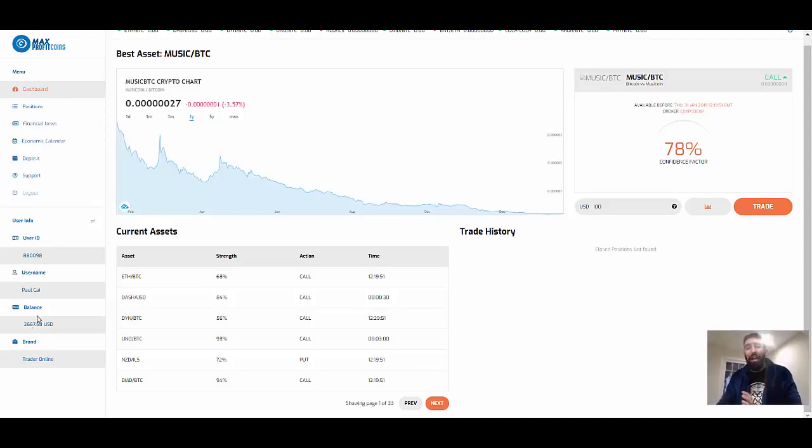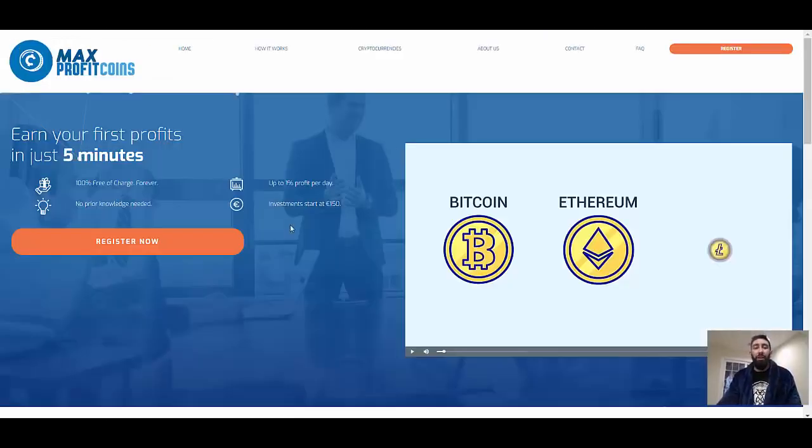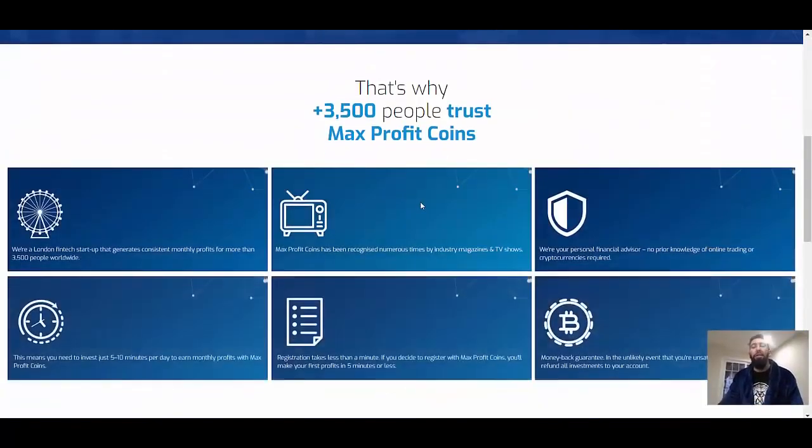So one thing I do want to just quickly remind you guys before we actually review the details, if you want to get started with Max Profit Coins, what you actually need to do is go through their official page, which is the website that you see right here on your screen. This is the official page of Max Profit Coins, and it has all the information about the software and other features.